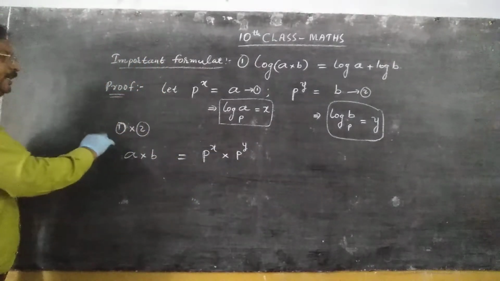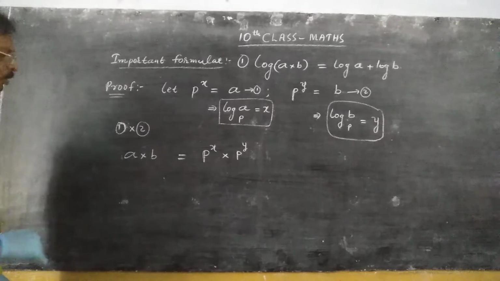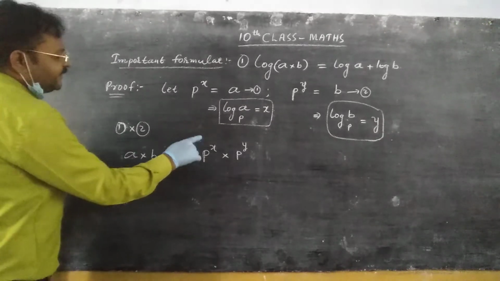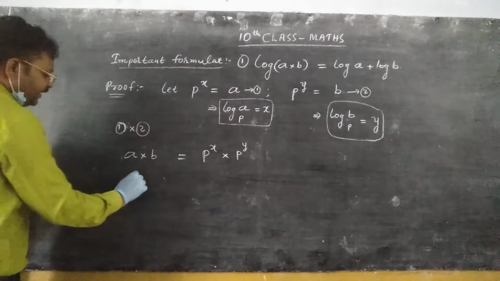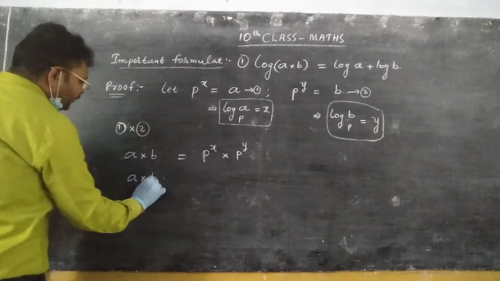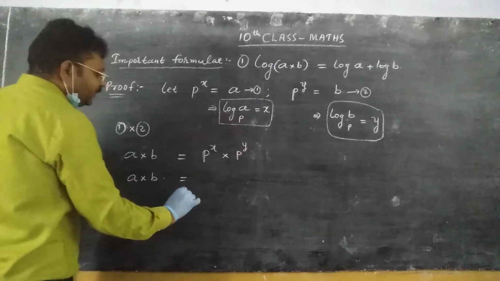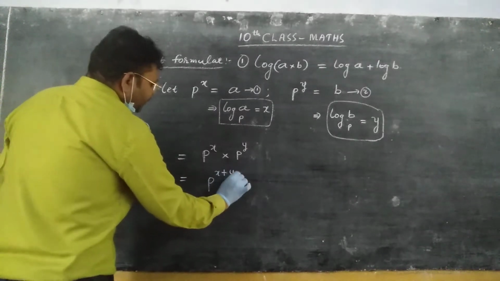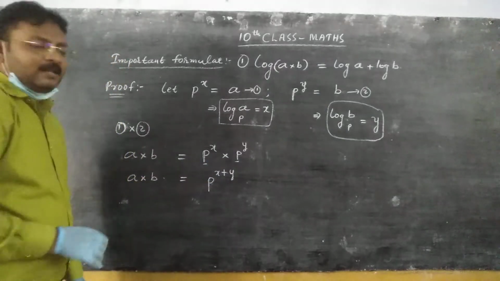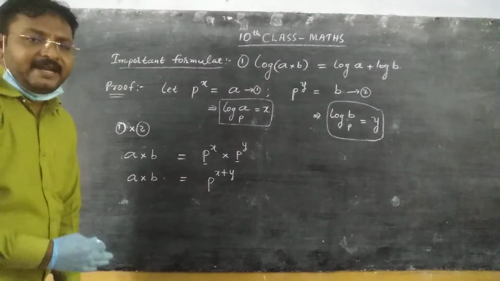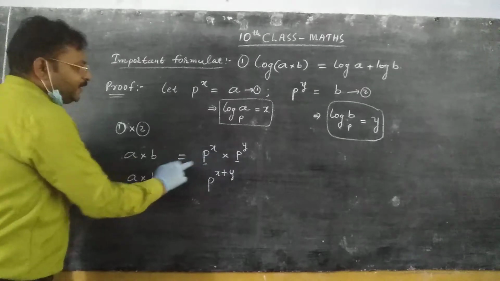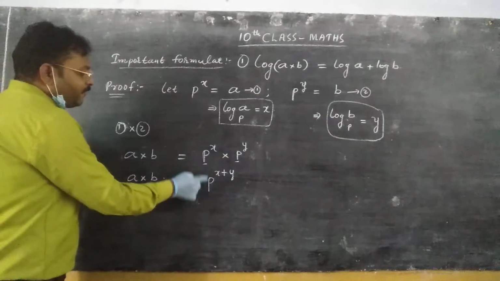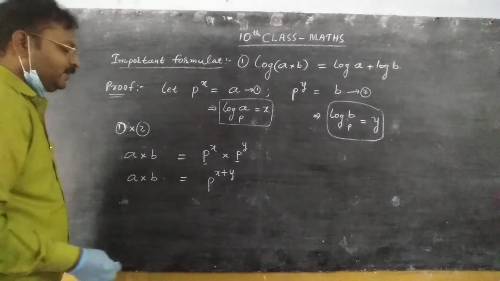We write it as p to the power of x plus y. When the bases are equal, powers should be added. Then we write p power x plus y.